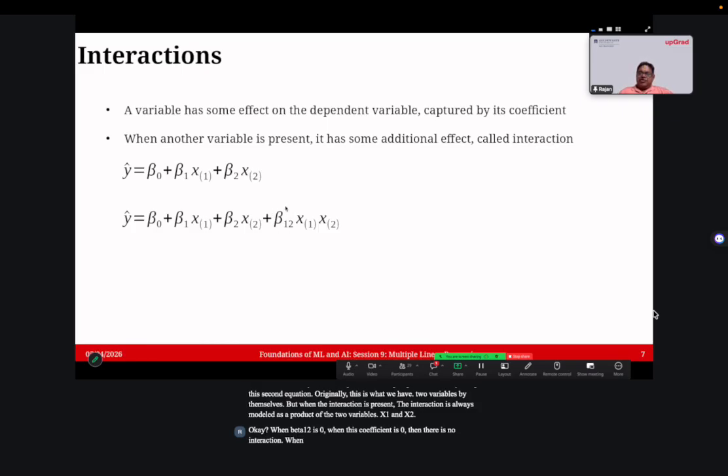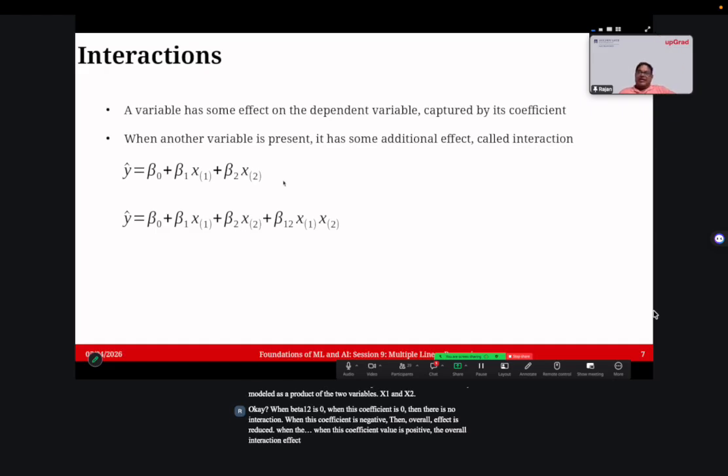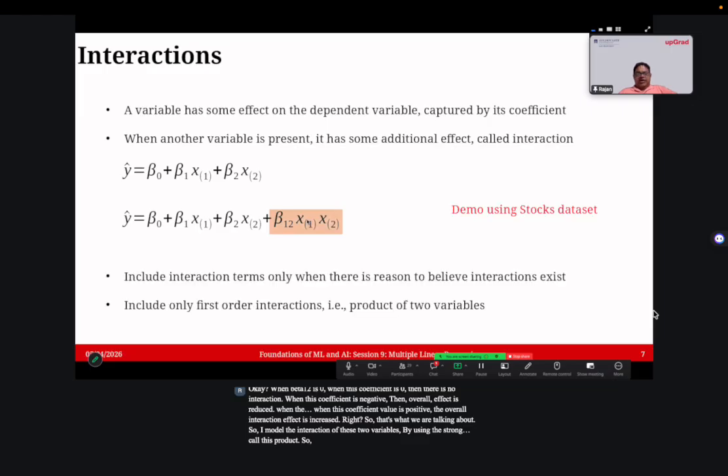When this coefficient is negative, then the overall effect is reduced. When this coefficient value is positive, the overall interaction effect is increased. So that's what we are talking about. I model the interaction of these two variables by using this product term.